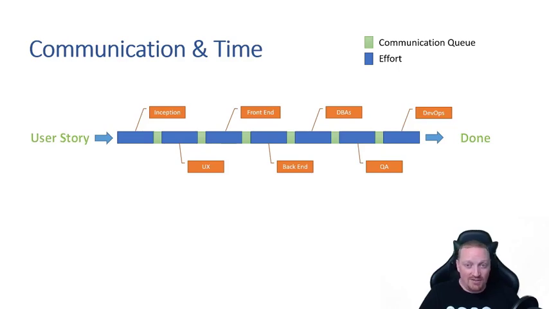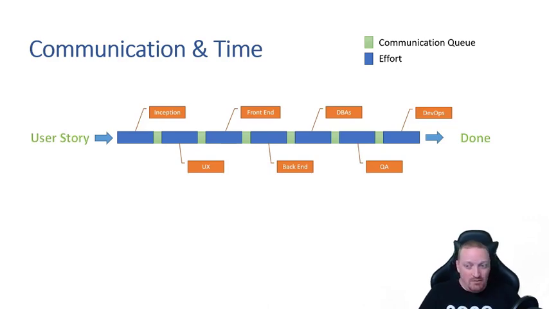We see a lot of things that just fall off the plate because they don't rank high on the list of priorities for any one of these teams along the way. And so it just sits there. If the back end is working on just trying to keep the whole enterprise running, your new little feature doesn't really take much priority because we've got to keep the lights on in order for us to continue working.